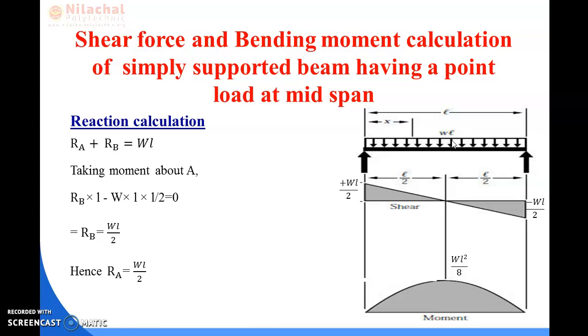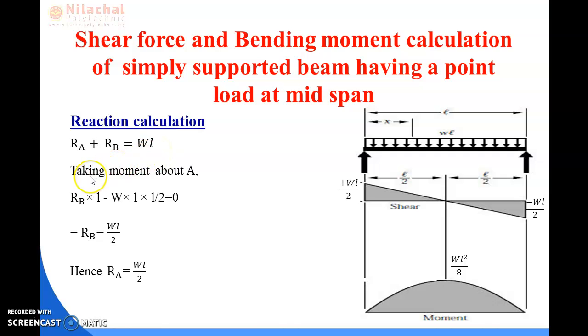So the total load of UDL is W into L, that is load into distance. So we can write the total downward forces, that is W into L, is equal to total upward forces, which is two reactions. One is RA and second one is RB. So here RA plus RB is equal to total load of the UDL, which is W into L.